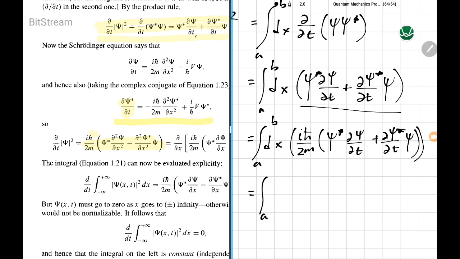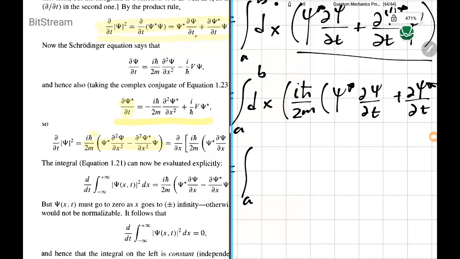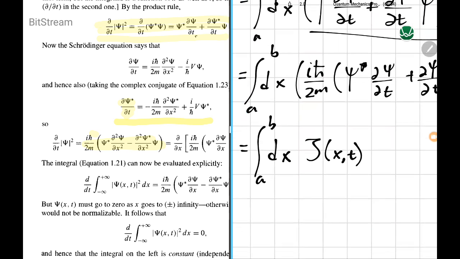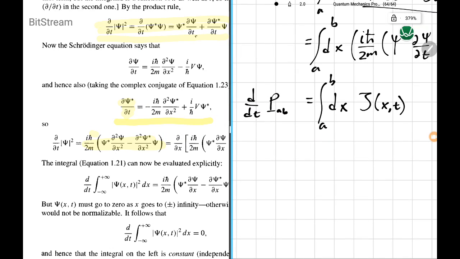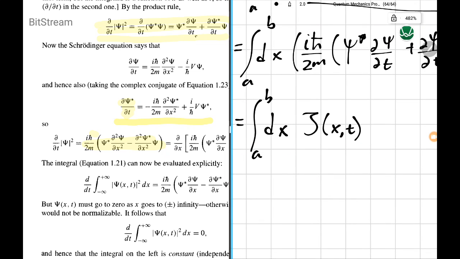So I know that my time derivative of the probability equals the integral from a to b dx j of x and t. Oh, and then I left out a dx.